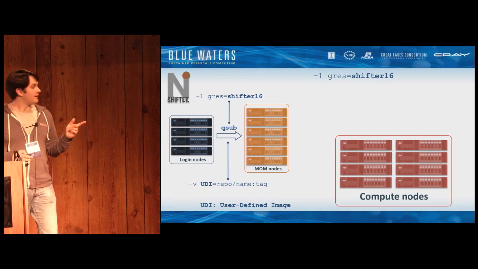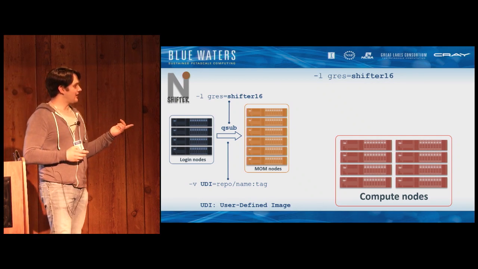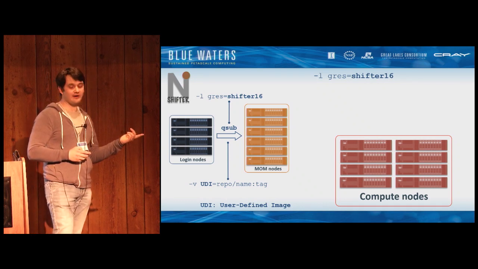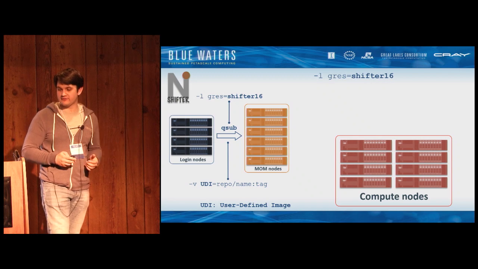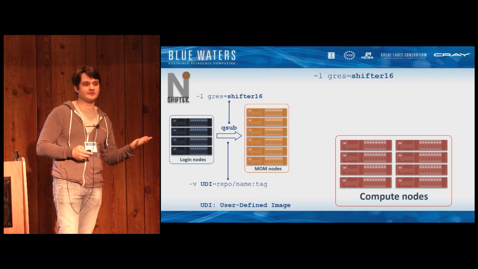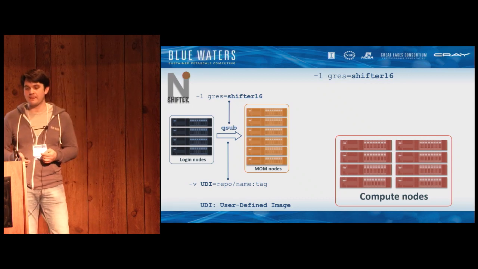So, okay, the first option that we can use is -v UDI equals and the name of the Docker image on Docker Hub. Actually, it's not on Blue Waters yet. It's on Docker Hub.